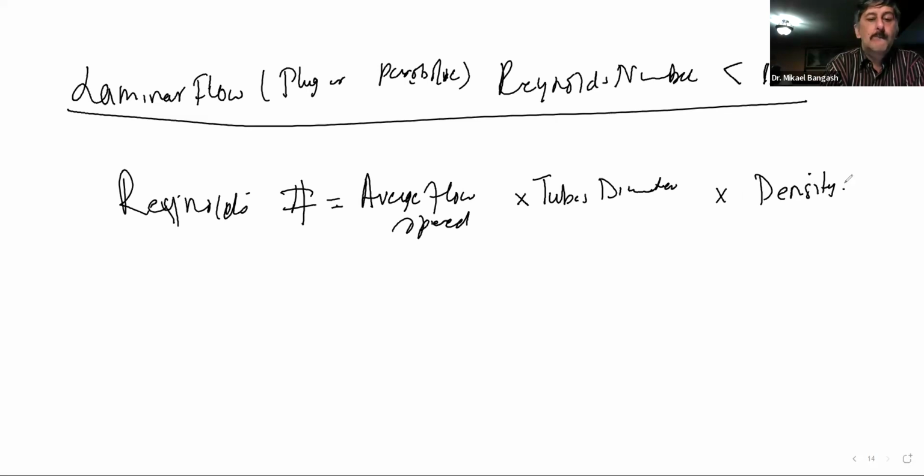Now, please keep in mind, guys, that this Reynolds number here is not only for blood. It's mainly a generalized number. It produces a numerical value determined by how fast something flows, multiplied by the diameter of the tube through which it flows, all dependent upon the density of the liquid.